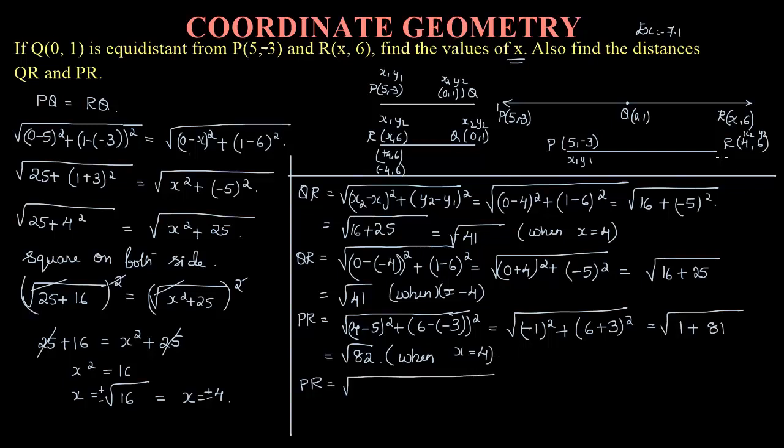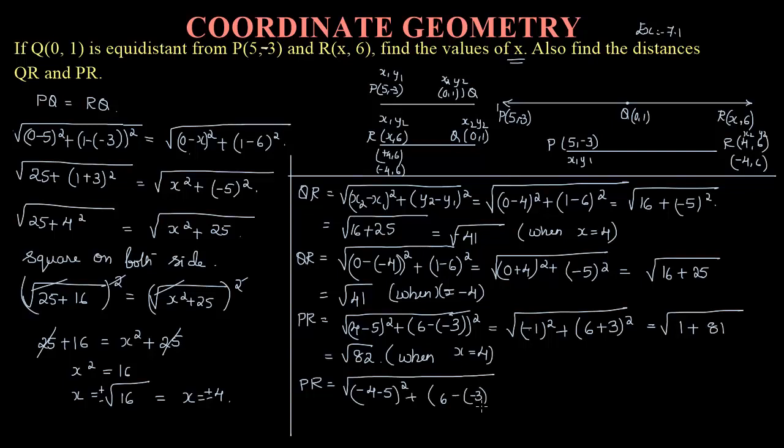So if x is minus 4, let me just write here minus 4 comma 6 now. So minus 4 minus 5 whole square. Right? Then you have plus in between. Then 6 minus, here x2 is 6, y2 is 6 minus of minus 3.